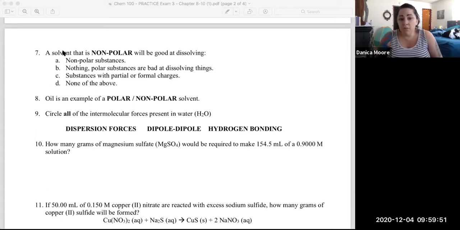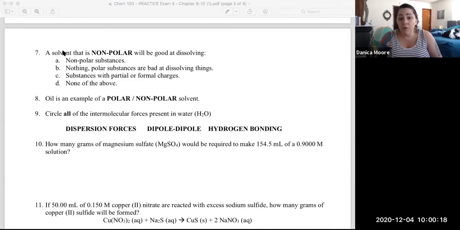But what I do want you to be comfortable with is this idea of how to tell whether or not something is polar or non-polar, and what intermolecular forces might be present and how those intermolecular forces tell you about the phase or the state of the compound or molecule you're looking at, right?